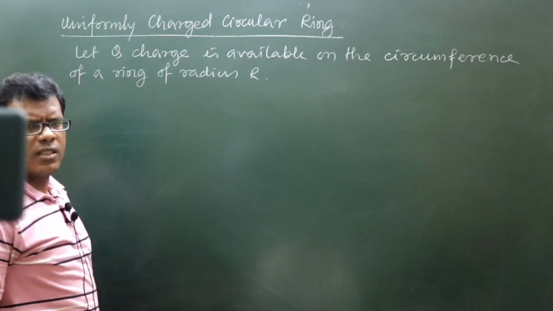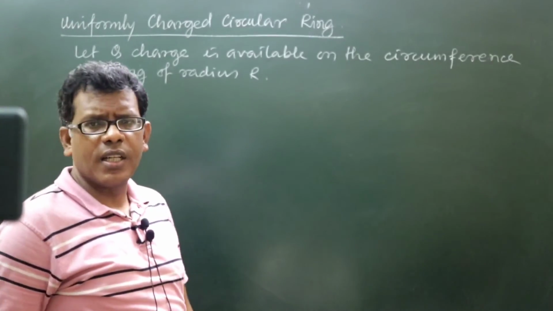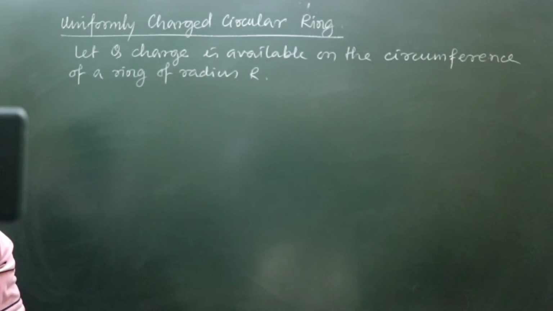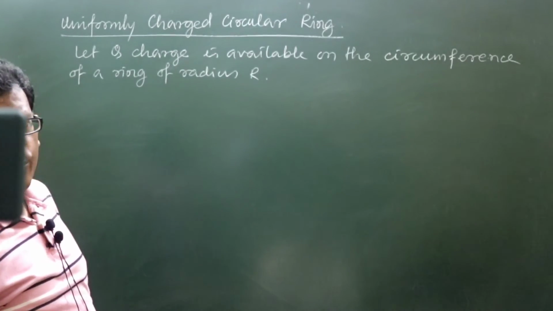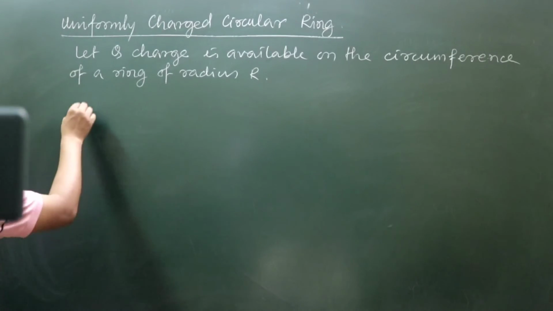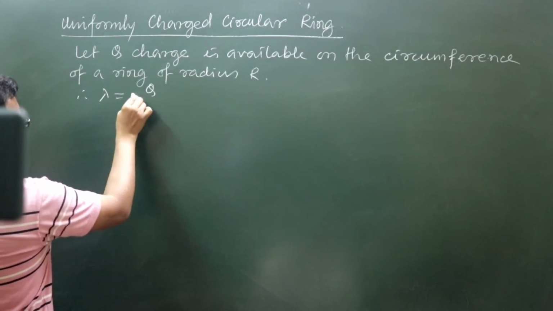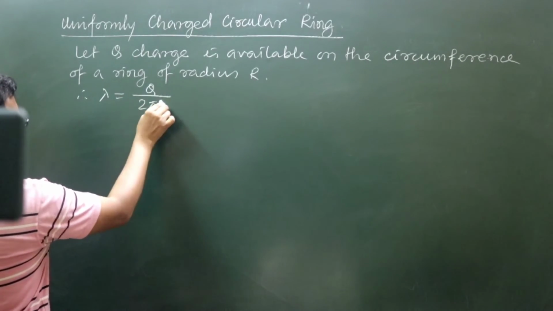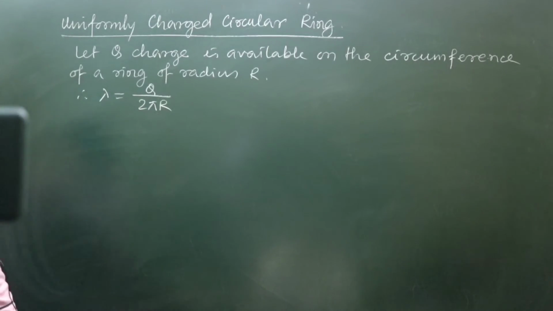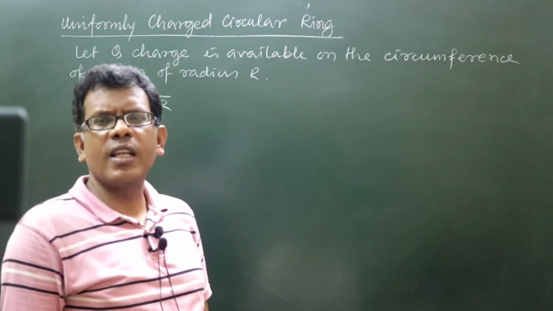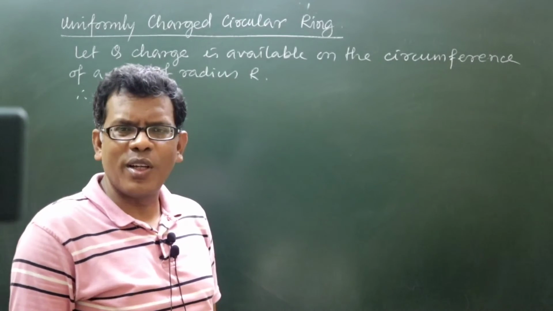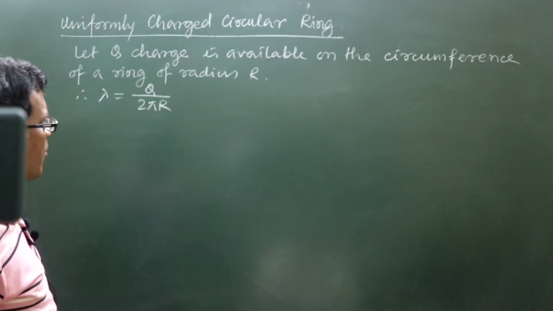If there is a circular ring of radius r, and on its circumference we consider q to be the total charge, then lambda, the linear charge density, will be q divided by the total length of the ring, that is 2 pi r. The circumference of the ring is undoubtedly 2 pi r, the radius being taken.